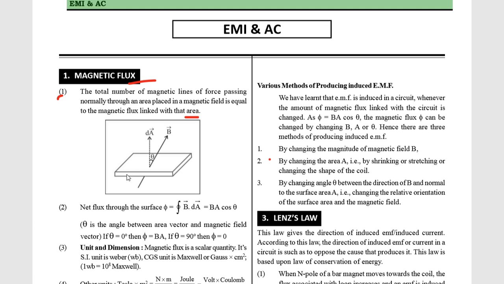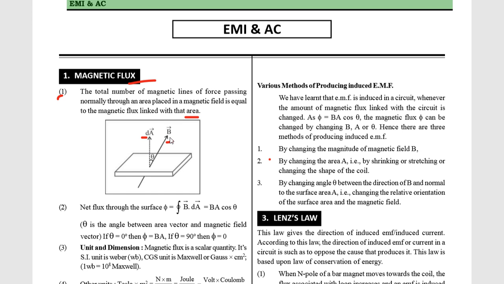You can see this one is the area. Suppose this is the area and this is the area vector dA. Now the magnetic field makes an angle theta with the area vector dA. So the total number of magnetic field lines passing through this area perpendicular to the surface is known as magnetic flux. In this case, you can see that this magnetic field line is not perpendicular to the surface.